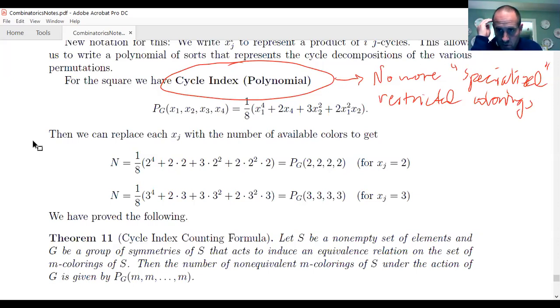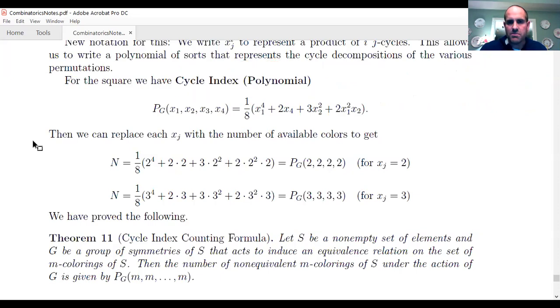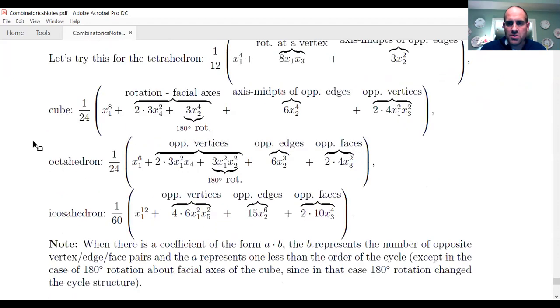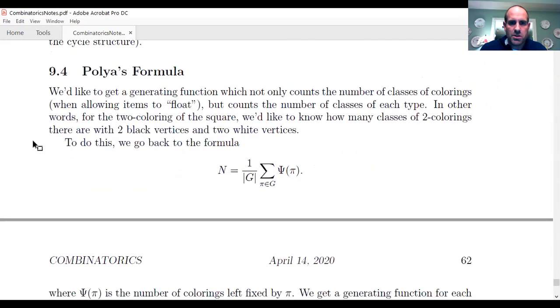It just starts to get more and more complicated to deal with the situation where we have these specialized and restricted colorings, like we did in that baton problem in the homework. Now we could come up with something that would help us pull that off, but we won't be looking at that specific situation. We'll just use Burnside's theorem straight up in those cases. So back to Polya's formula.